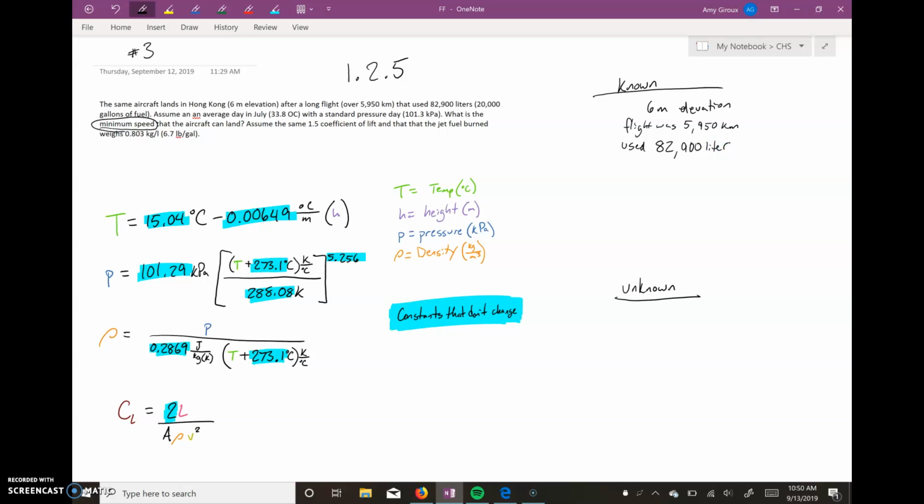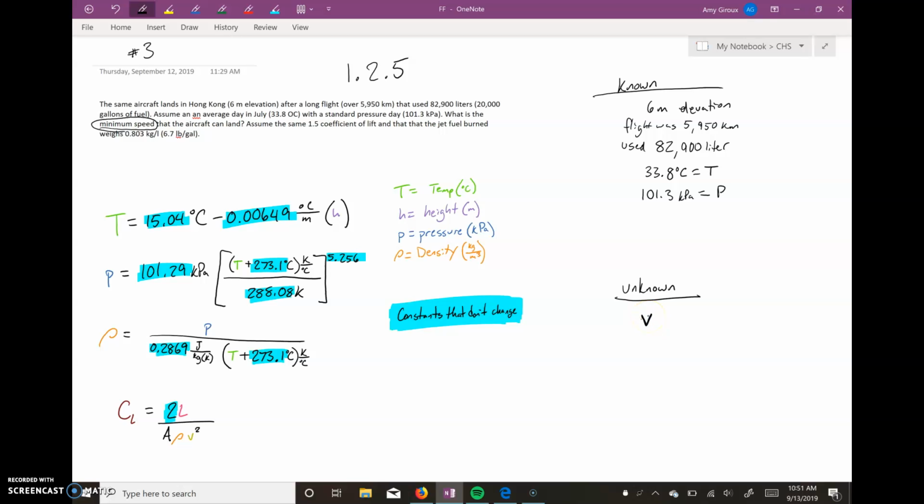All right. It says our average day in July was 33.8, degrees Celsius, so that's our temperature. Our pressure is 101.3 kilopascals, which is standard. The unknown is our speed, our velocity.